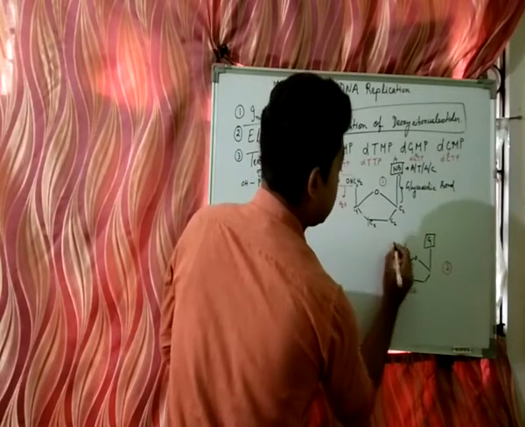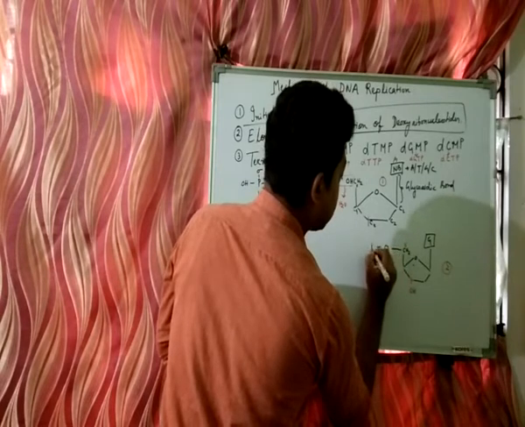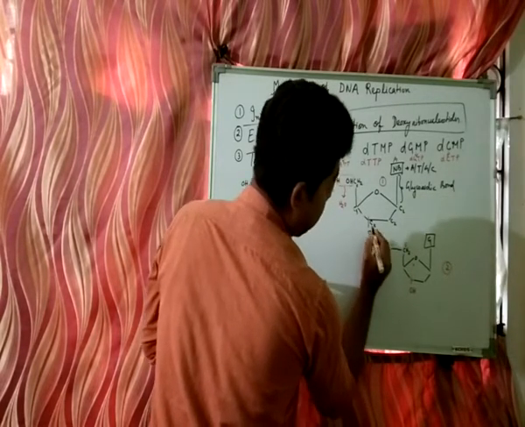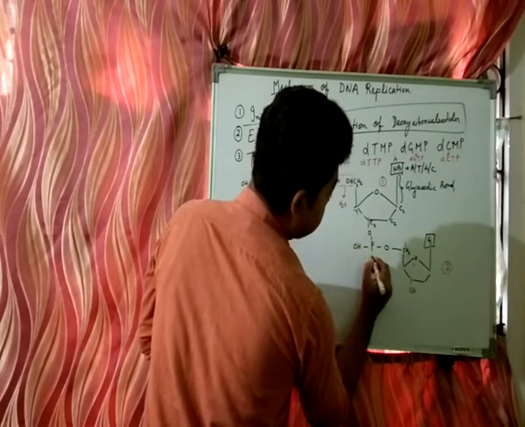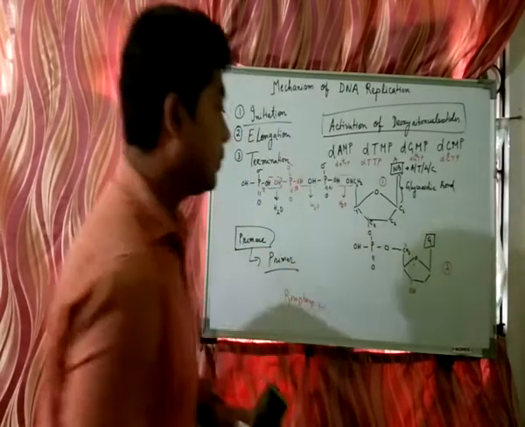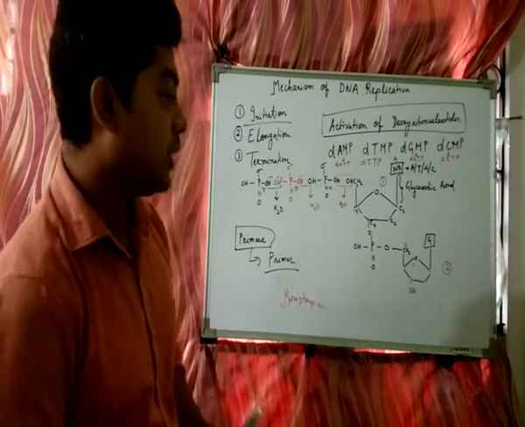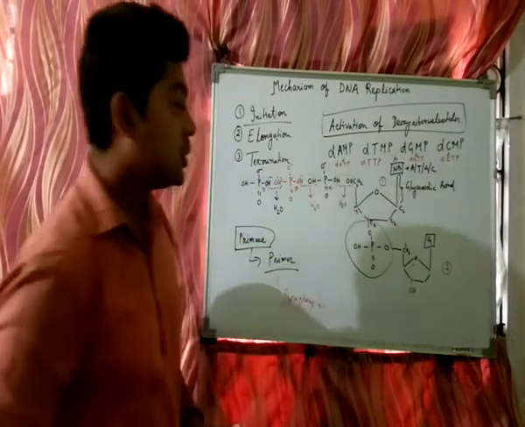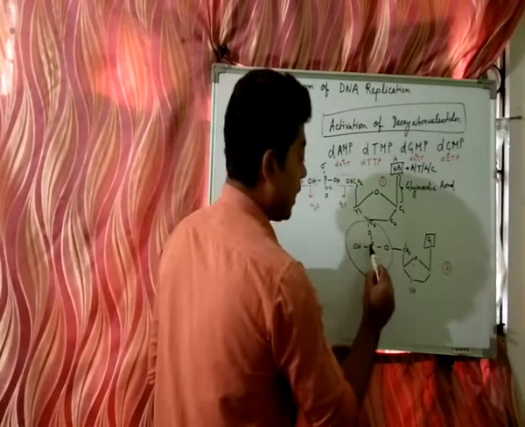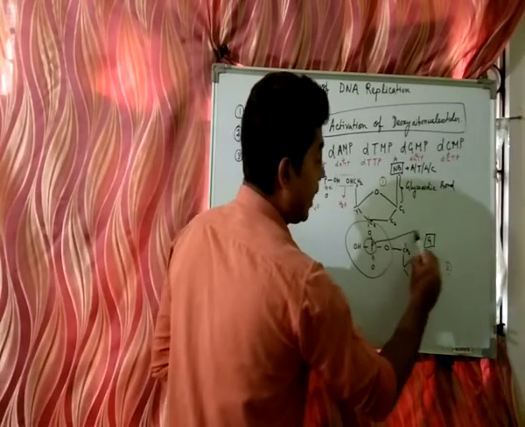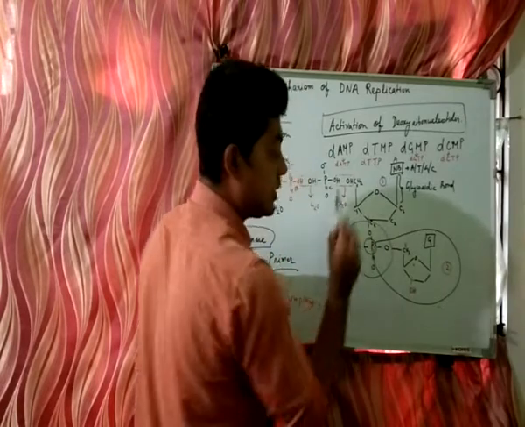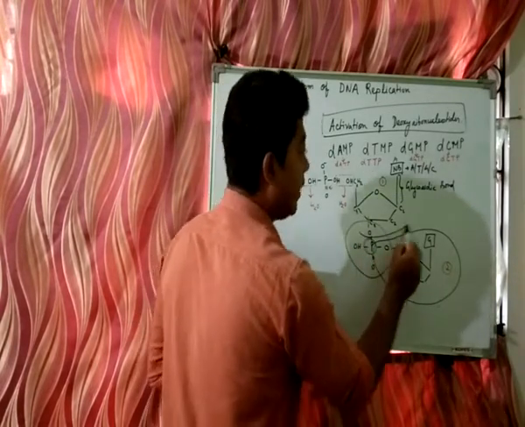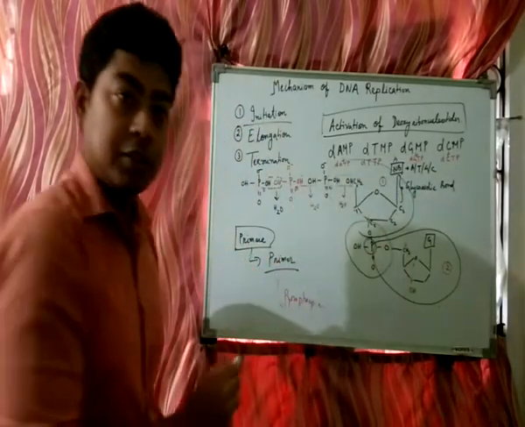So this is the phosphate, and it combines with this carbon position 3. That is called a phosphodiester bond, because with the help of this phosphate, it combines with these nucleotides. With the help of this phosphate, it is combined with another nucleotide.